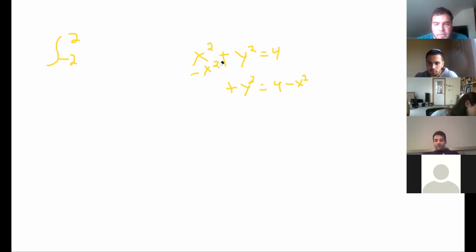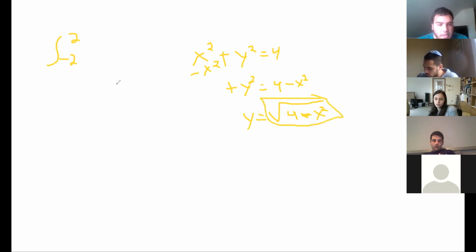Then we're going to square root both sides. So y equals the square root of 4 minus x squared. What we're going to put in here is this when it equals y.